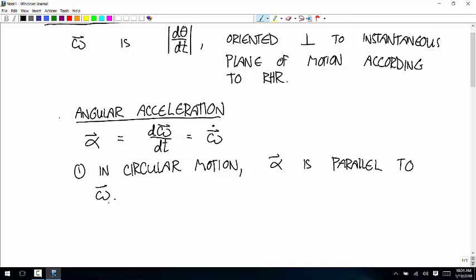So what does it mean if alpha and omega are in the same direction? If they're in the same direction, then the rotation is speeding up.